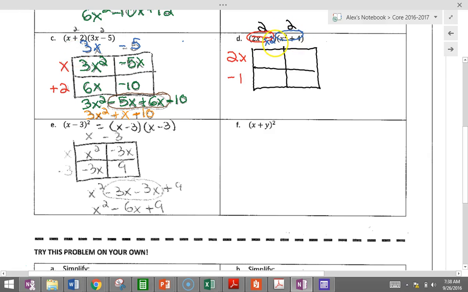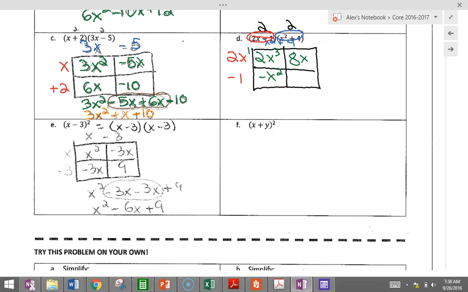When I multiply these together, 2x times x squared, I get 2, and then I have 1x here and 2x there, so that's x cubed. 2x times 4 gives me 8x. x squared times negative 1 gives me negative x squared.